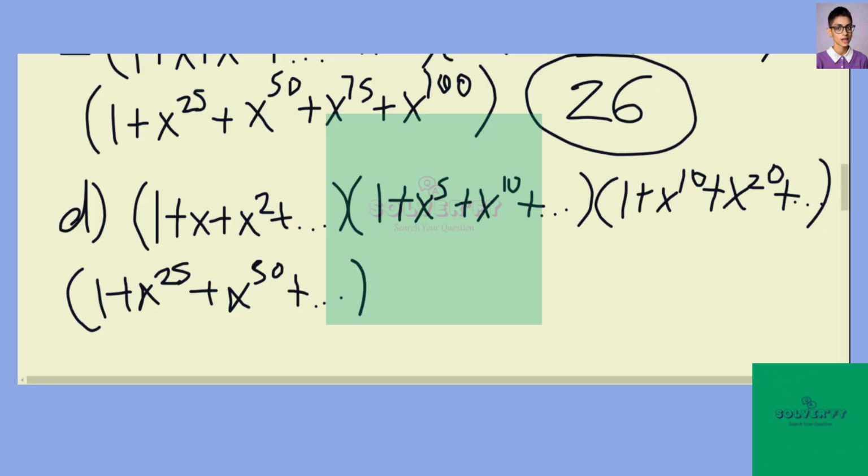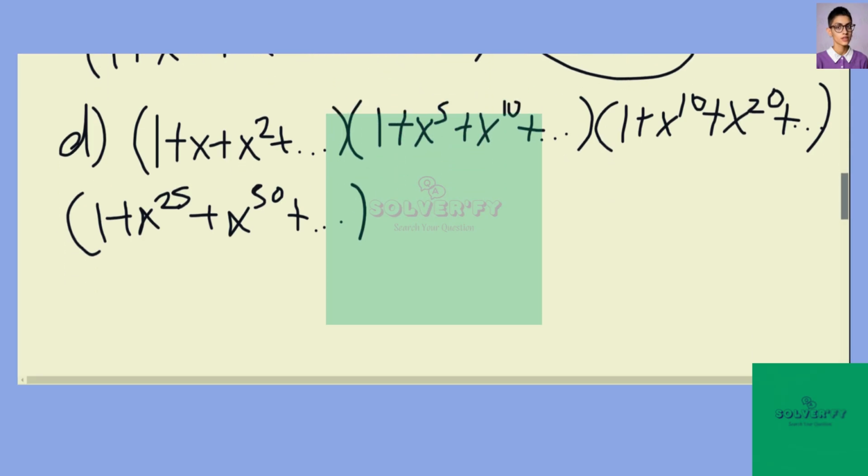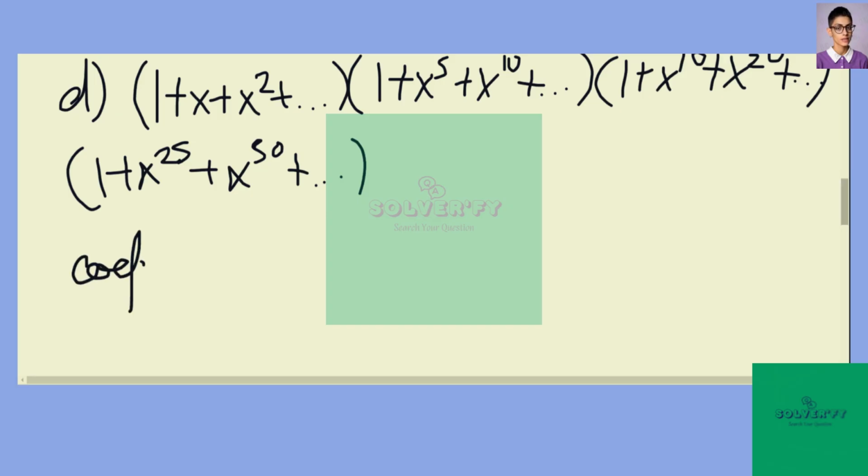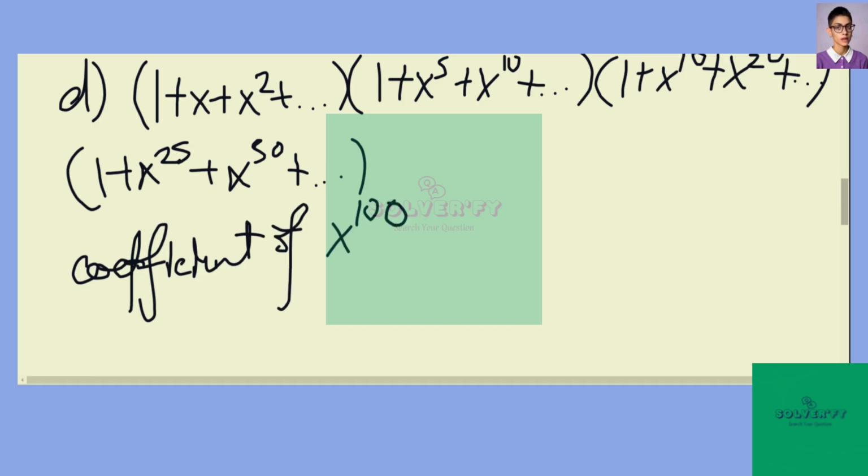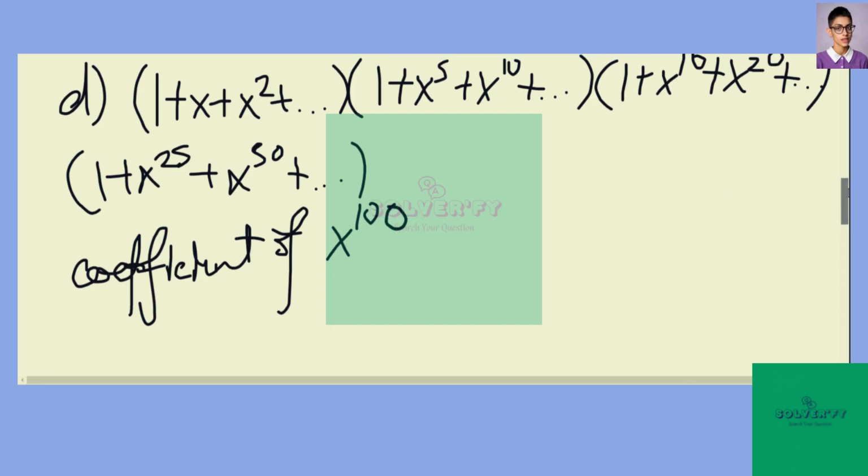And because we're looking for how to make change for $1, which is 100 cents, we want to find the coefficient of x to the 100 in the expansion of this function. To do this, notice that we only need to include in each of these terms the powers of x up to 100.